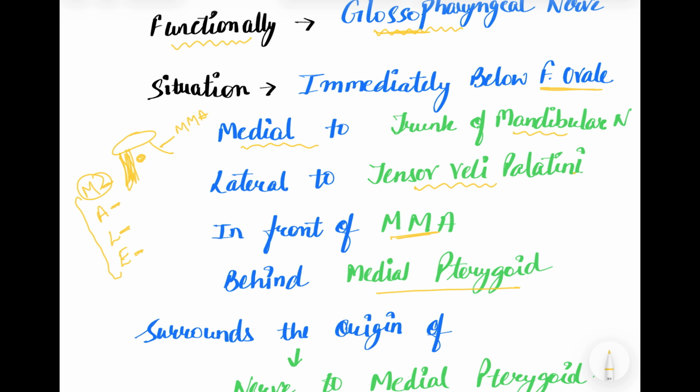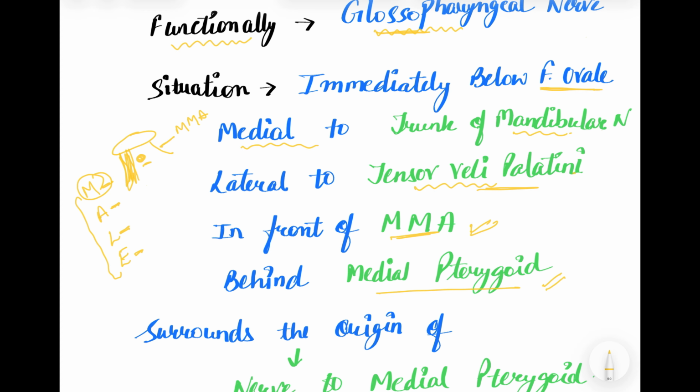So you have the mandibular nerve medially, tensor veli palatini laterally, the middle meningeal artery in front, and the medial pterygoid behind.